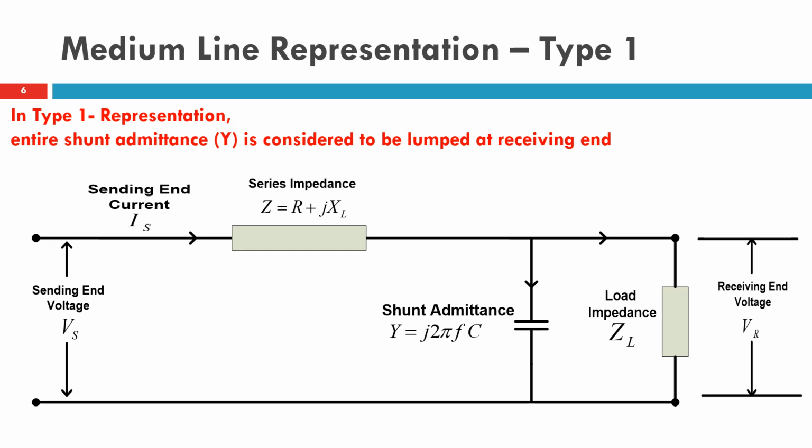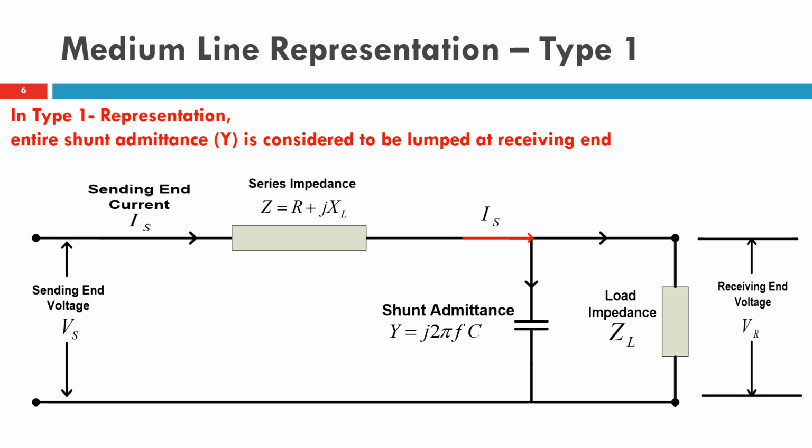So this current Is flows through the entire 250 kilometer line and reaches the receiving end.